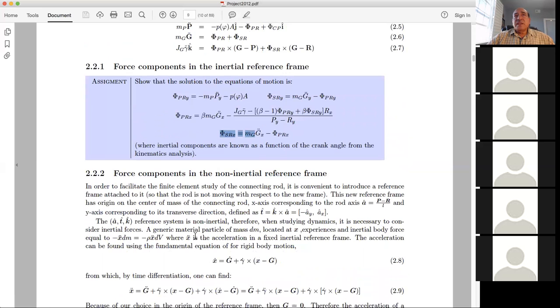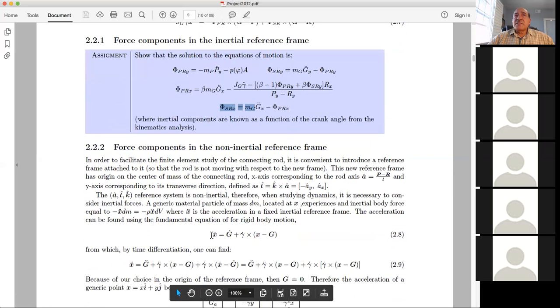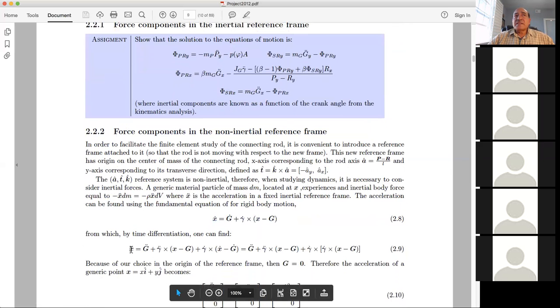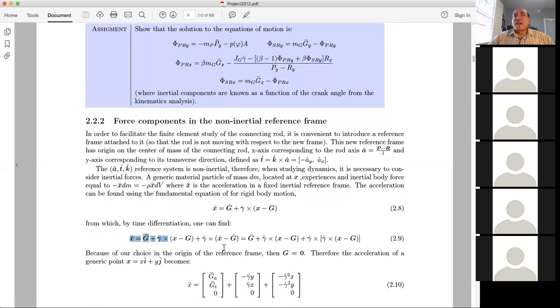So now we have determined the forces. We need to do a little bit extra work, because we don't want to study the connecting rod in its inertial frame. We want to move it from a non-inertial frame to a reference frame, and that is by finding the acceleration of the connecting rod. So we have the velocity in 2.8, and the acceleration is by taking the time derivative of x dot one more time in 2.9.